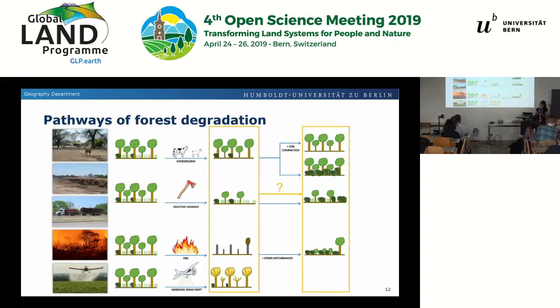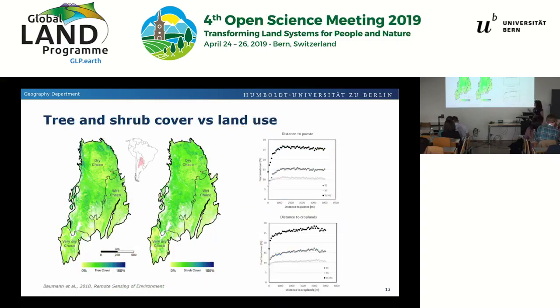And then, again, we also want to relate this to the forest structure. To do this, we use tree and shrub cover layers that come from a work of Matthias Baumann et al. in 2018. And the interesting data that we can get from this is that some of the land use practices that we are interested in indeed have an effect on the structure.